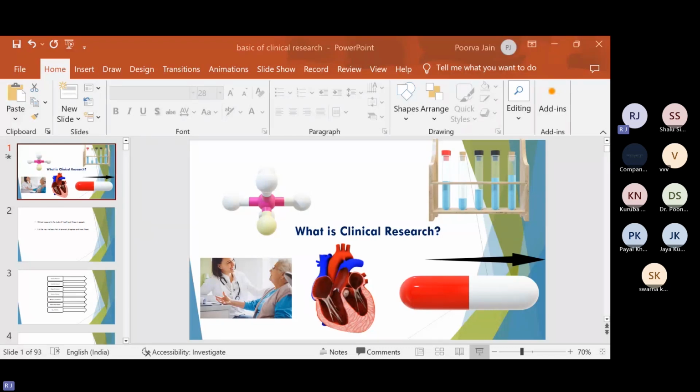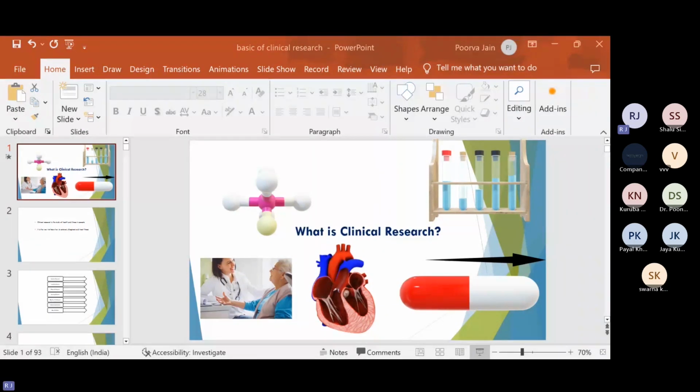We'll do it with the help of some animal or cellular model. Okay. So we'll manipulate a particular gene. For example, we have identified that gene A is causing that particular illness. So we'll try to inhibit or overexpress that particular gene, and we'll see whether it is causing that particular disease or not. Okay. So we create many animal and cellular models to confirm the target.